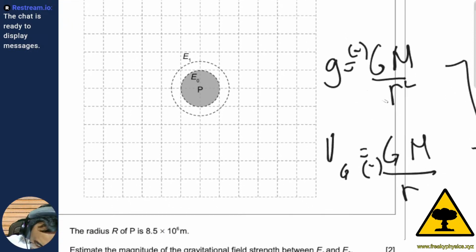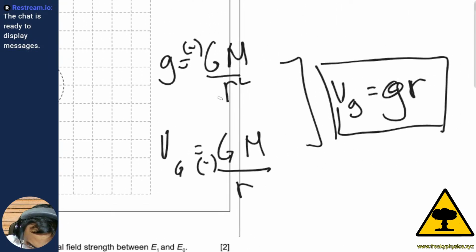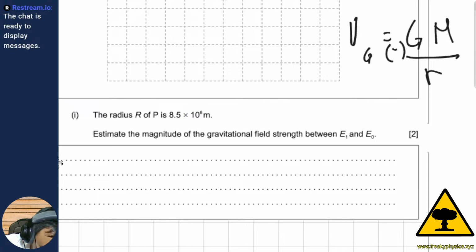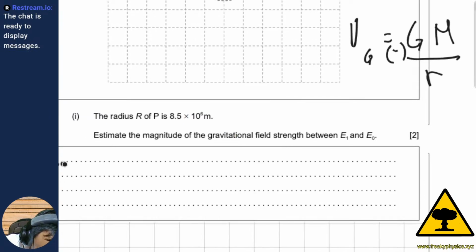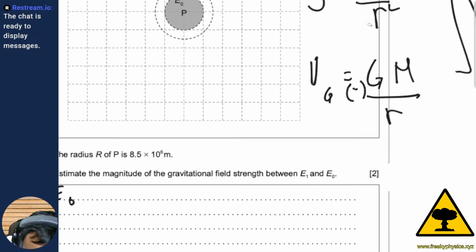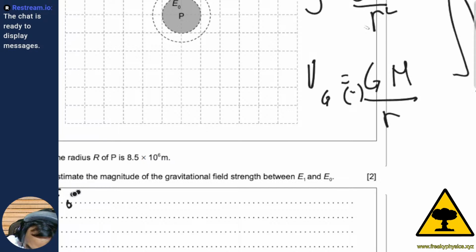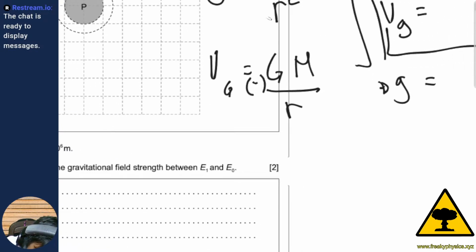So all we have to do now is rewrite this. We are looking for g, so in this case we'll rewrite this as g equals Vg over r. Okay, so all we have to do now is find the two values of g. So g0 would be equal to E0, the equipotential, over r.